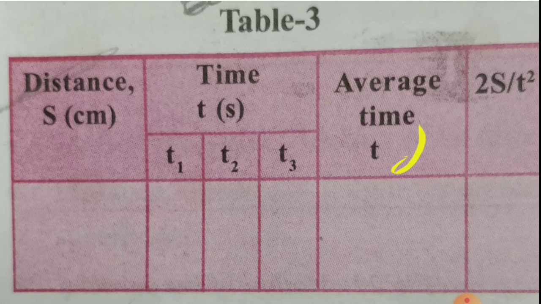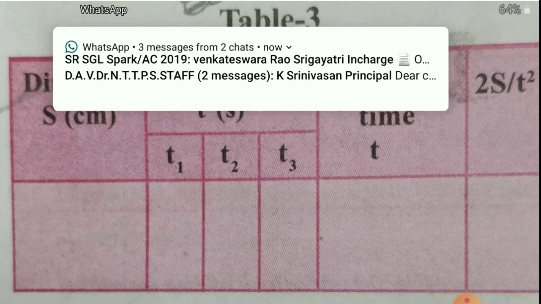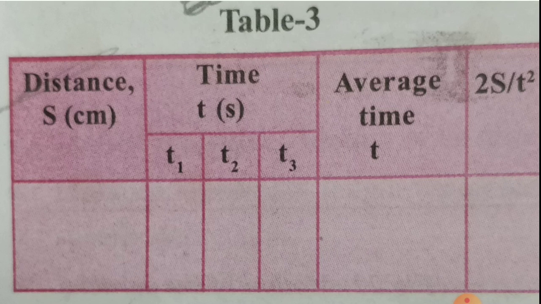Once you get the value of T, substitute here 2 into the distance you have taken in centimeters, by the time squared, T into T. Like that you have to do it for 2 to 3 distances. And now find the value of 2S by T square.